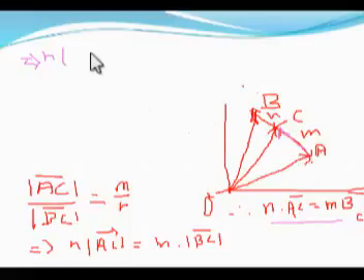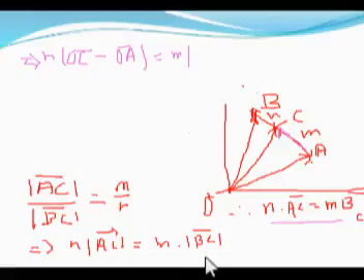So I am writing in place of AC vector, OC vector minus OA vector. In the same way on the right-hand side, I have written BC vector, but this is actually CB vector.